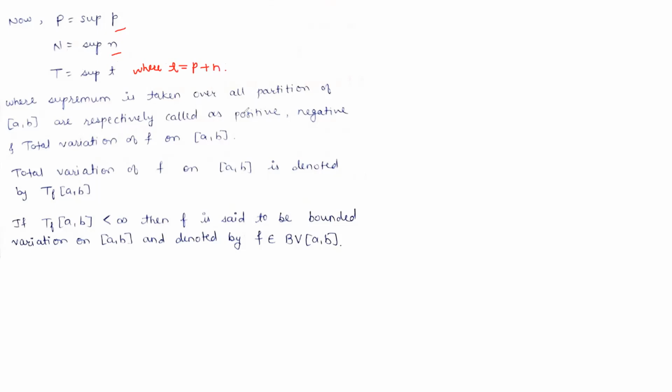Here the supremum is taken over all partitions of [a, b], and these capital P, capital N and T are called the positive, negative and total variation of f respectively. This total variation of f on [a, b] is also denoted by T_f over the interval [a, b]. If this total variation is less than infinity, that is if it is finite, then f is said to be of bounded variation, and it is denoted that f belongs to the set of bounded variation functions over the interval [a, b].